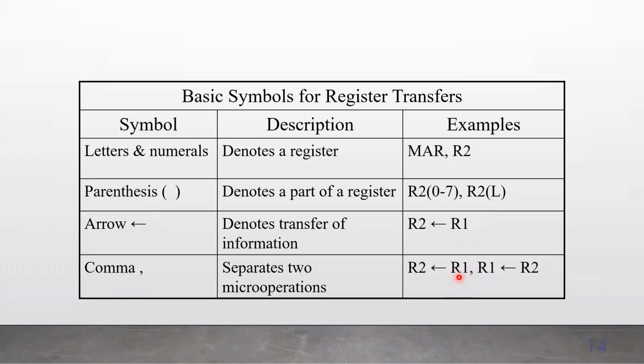So here the first operation is to transfer the content of R1 to R2, and the second operation is to transfer from R2 to R1. These two operations are separated by using a comma. So these are the other symbols used when a register transfer micro operation instruction is given.